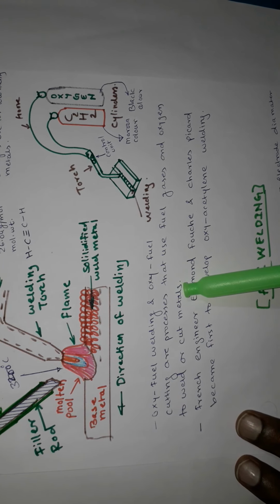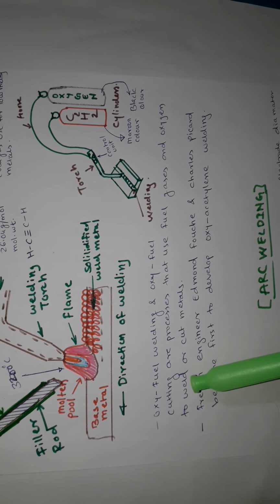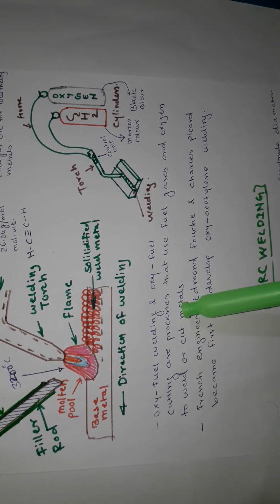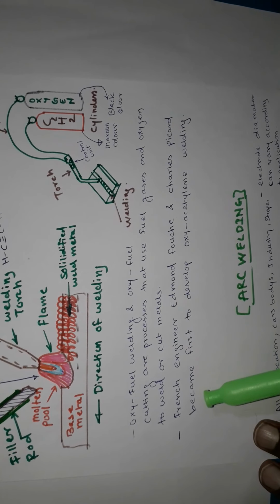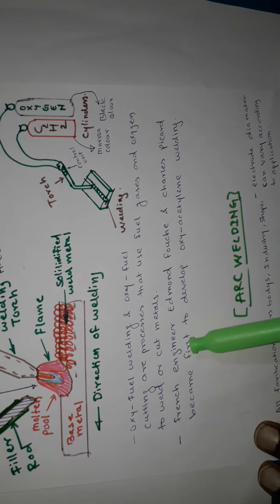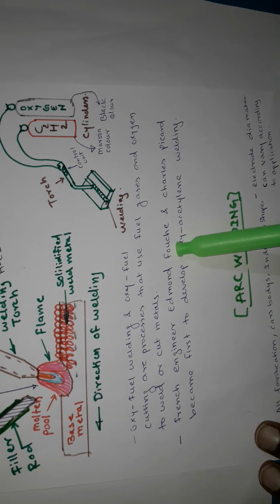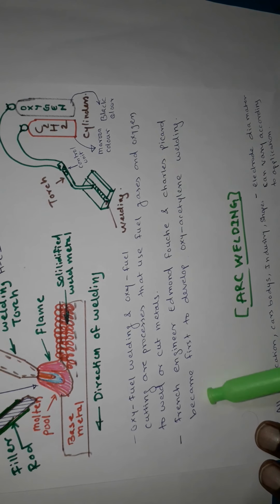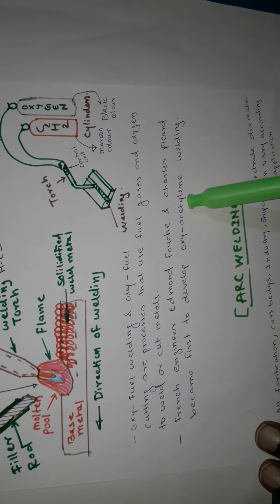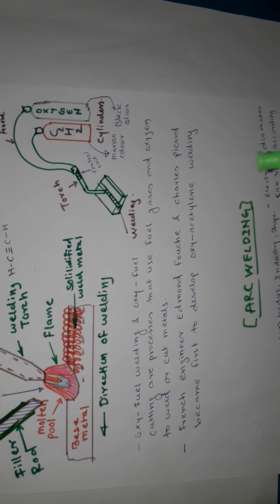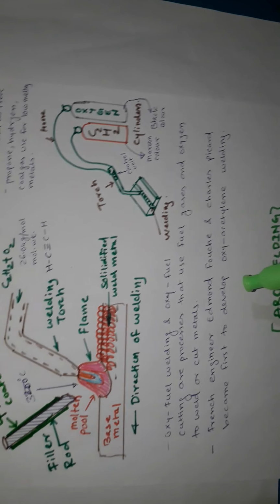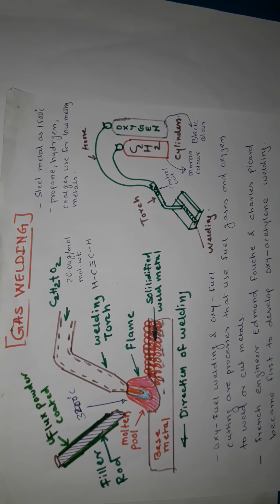In most fabrication work we use this combination of both gases for welding and for cutting. Who developed it? The French engineers Edmond Fouché and Charles Picard were the first to develop oxyacetylene welding. So these are the two French engineers who first brought gas welding into manufacturing technology, right?